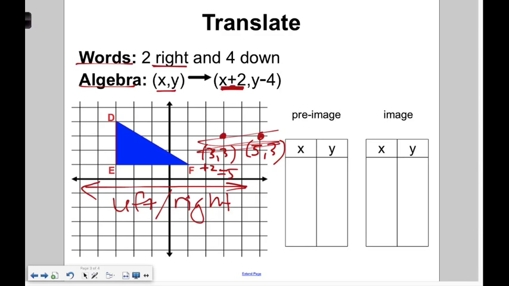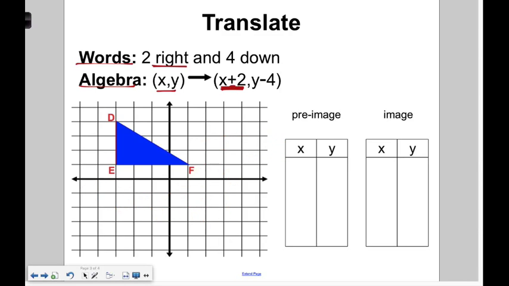Okay, let's take a look at the y. It says we're going to move 4 down. That's y minus 4. The up and down is a y-axis movement. If you think about plotting points, the y is where you go up or down. So in this case, I'm going to go down 4, or y minus 4.